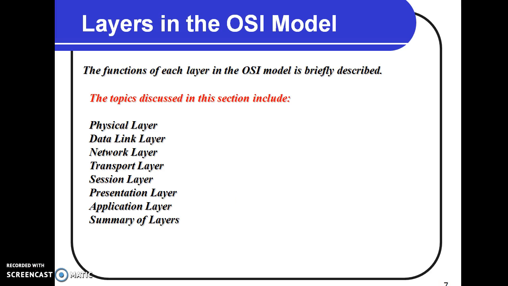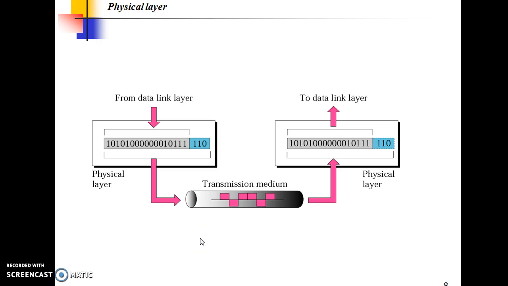Now here we have to discuss the functionalities of all these layers. These are the layers in the OSI model. Always remember that at the physical layer, the basic unit of data is bits.